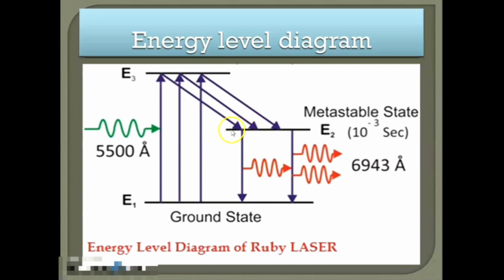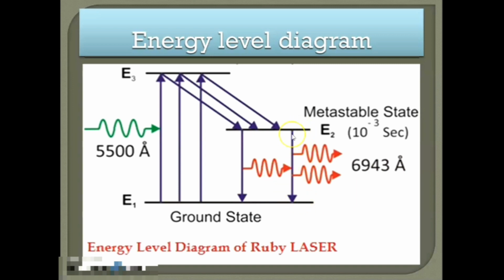When chromium ions are available at this level, spontaneously they transit from this level to this level and emit this photon. It means this photon is obtained due to spontaneous emission, and due to the effect of this photon, stimulated emission occurs.